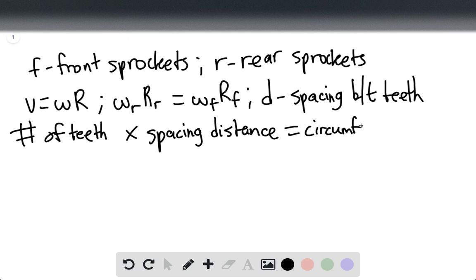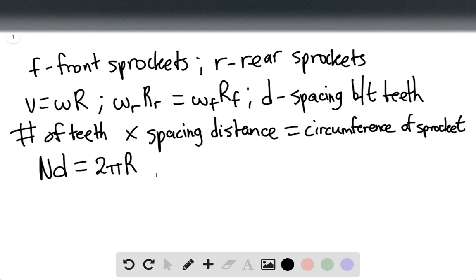So this will be circumference of sprocket. So we can say that ND is going to be equal to 2 pi r. And we can say that r is going to be equal to ND divided by 2 pi, where N is going to be the number of teeth.